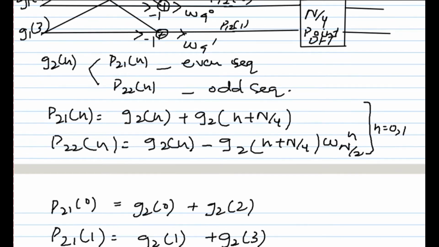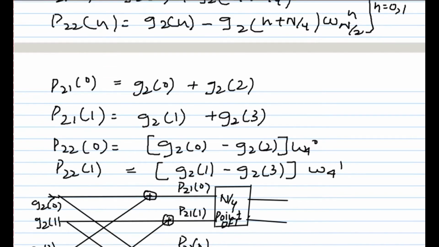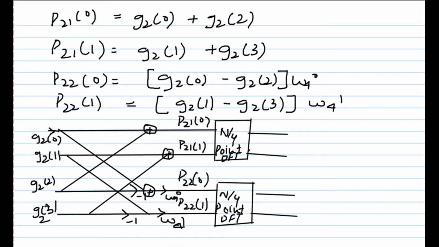So these are the 4 values, by substituting n equal to 0, 1 in p21 of n and p22 of n. n has a range of values from 0 to 1, 2 values here, 2 values here, 2 plus 2 is 4. So we'll have 4 values: p21 of 0, p21 of 1, p22 of 0 and p22 of 1. This is the butterfly diagram, similar to the case of g1 of n, right?